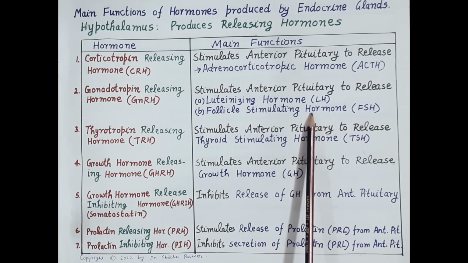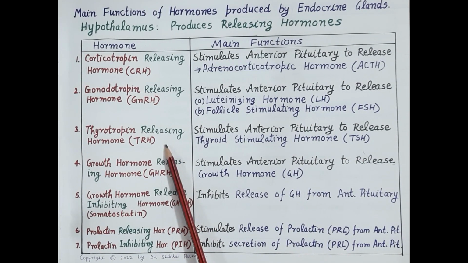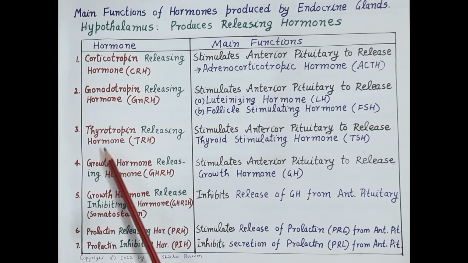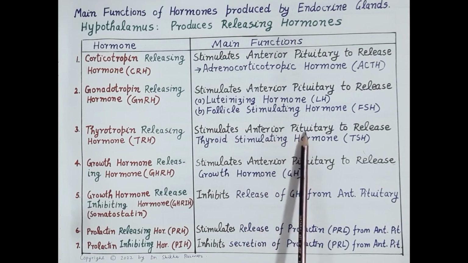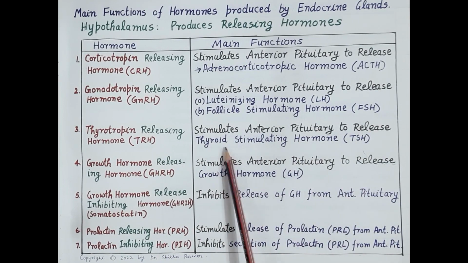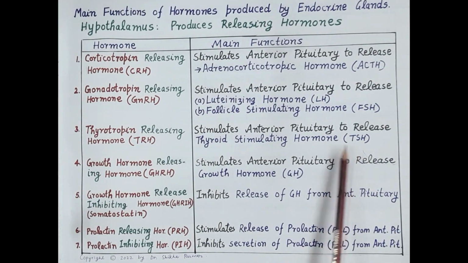Now, these hormones further stimulate ovaries and the testes. Then next hormone produced by hypothalamus is the thyrotropin releasing hormone, in short TRH. Now TRH stimulates anterior pituitary to release thyroid stimulating hormone, that is TSH, which further stimulates the thyroid gland.